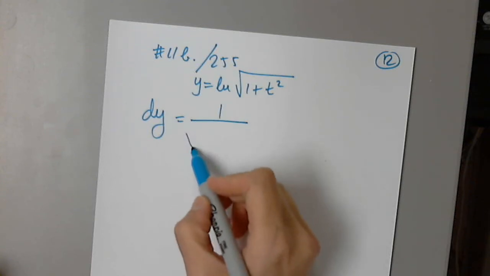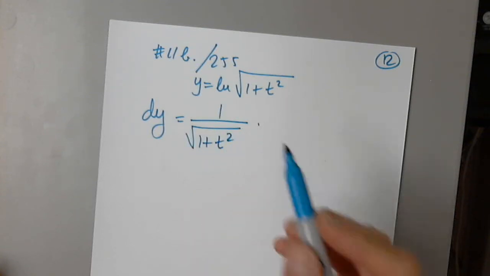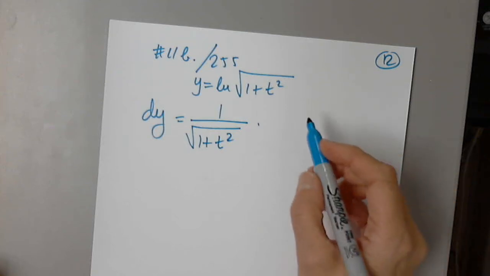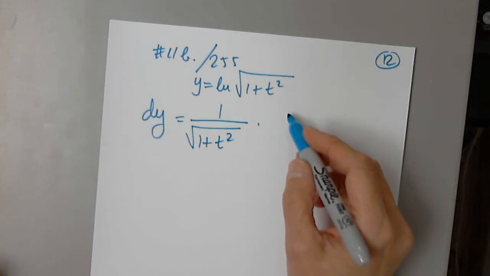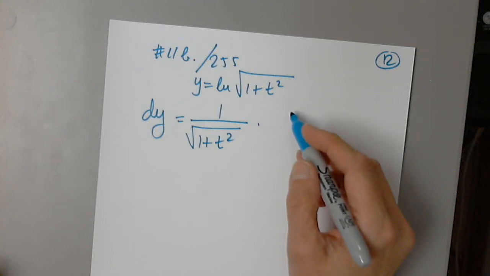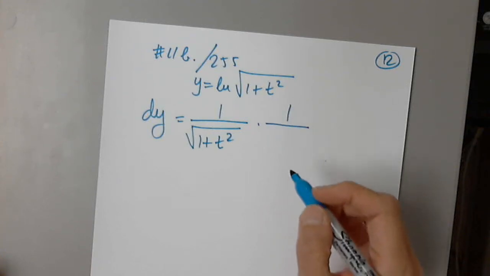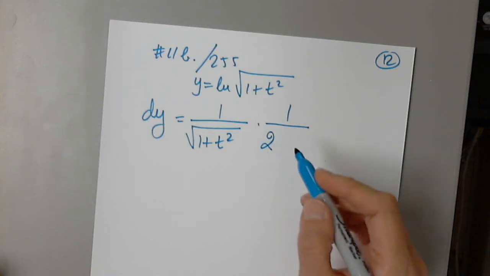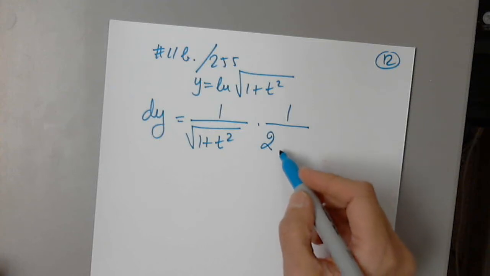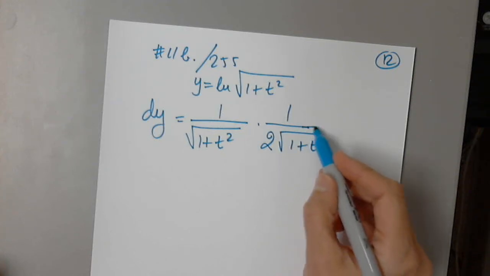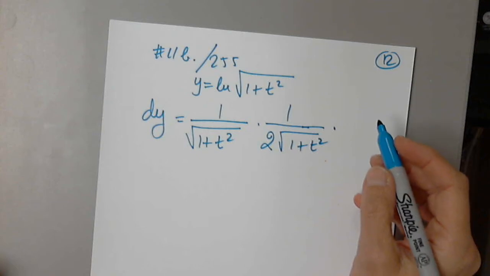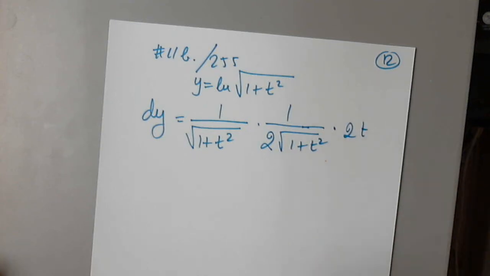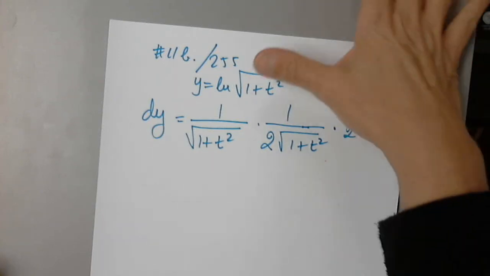So 1 over the square root of 1 plus t squared times 1 over 2 square root of 1 plus t squared times 2t. Okay, till we get used to this, let me just give you an idea.